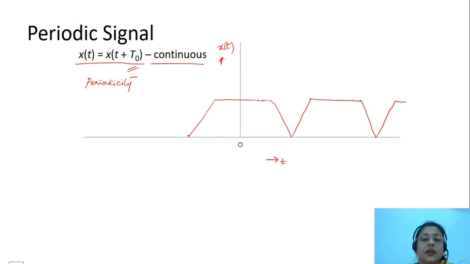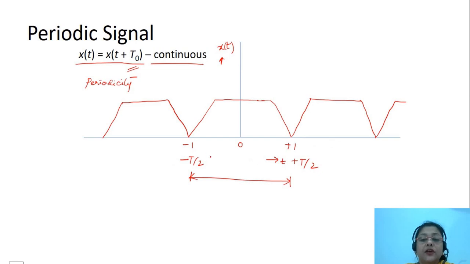So you see, the signal is repeating itself after a definite interval of time. If you consider it to be -1 to +1, so this will be of periodicity. So this is minus T by 2 to plus T by 2. And from here to here, this is the periodicity of the signal.